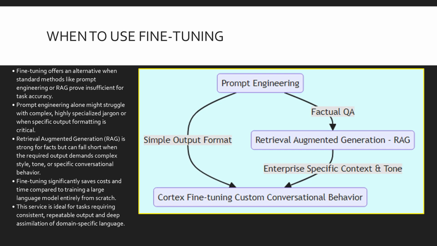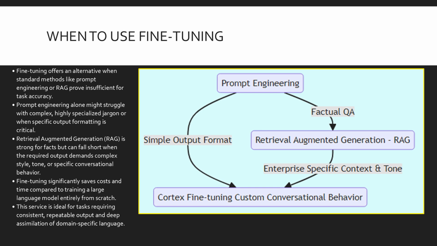Understanding when to leverage Cortex fine-tuning is key to optimizing your AI investment and achieving the desired results. You should consider fine-tuning as a powerful alternative solution when standard AI techniques, such as basic prompt engineering or sophisticated retrieval-augmented generation, prove demonstrably insufficient in consistently delivering the required level of task accuracy or desired specialized output quality.